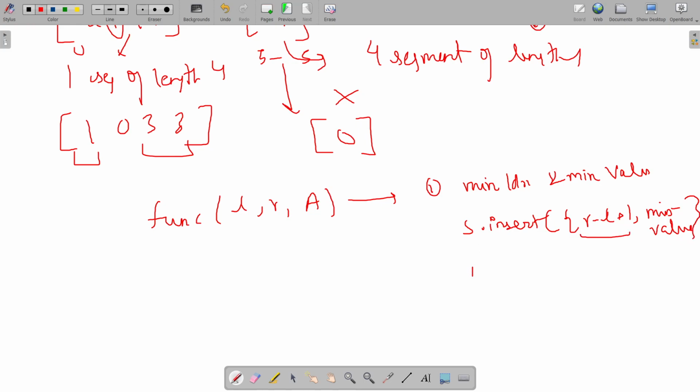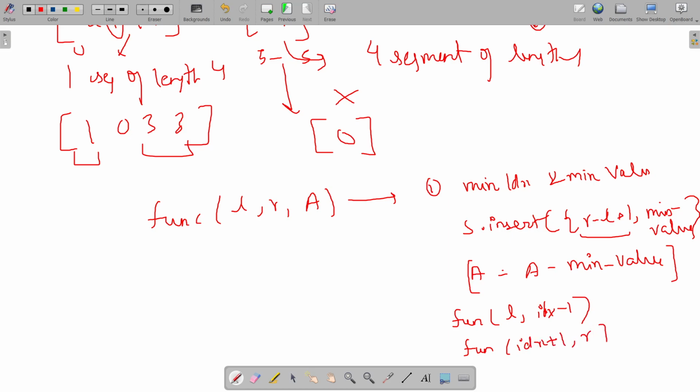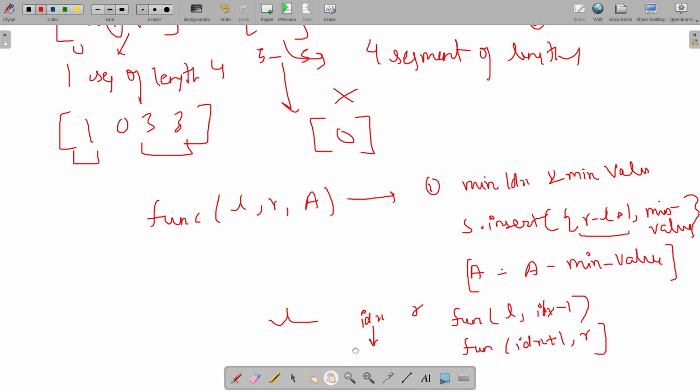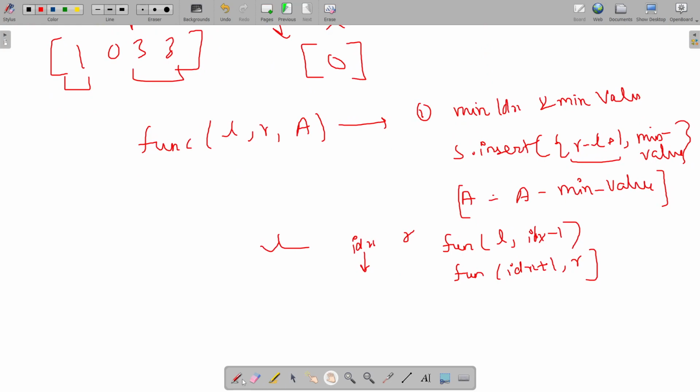You then update your A. So A is equal to A minus the minimum value. This updation will need a lazy segment tree. You're subtracting the minimum value, and then you call your recursive function from L to idx minus 1, and you also call your function from idx plus 1 to R, because the idx index is now completely occupied, since its new value will be 0, because you're taking its value and subtracting the entire array with it.